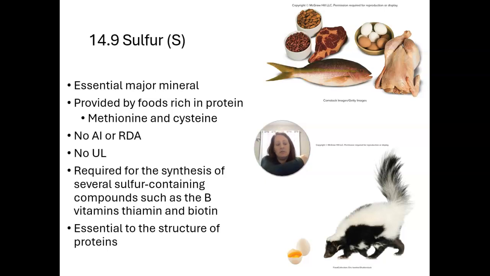There is no AI or RDA or UL for sulfur. We don't have those values. Sulfur is required for the synthesis of sulfur-containing compounds like the B vitamin thiamine, as well as biotin. It's also essential to the structure of proteins. Okay? And that concludes chapter 14.